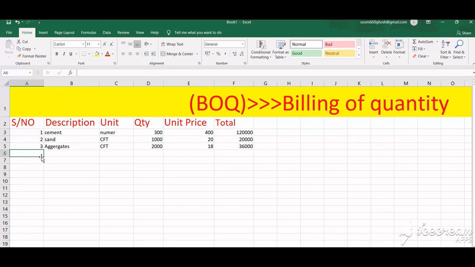Next I put in serial number 4. Description is door. Unit is number.